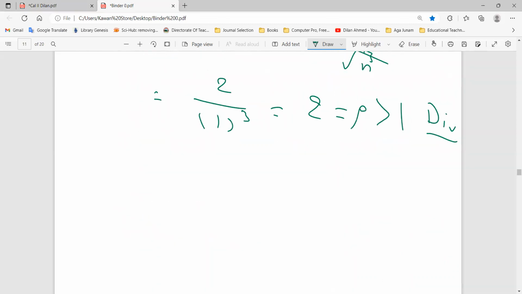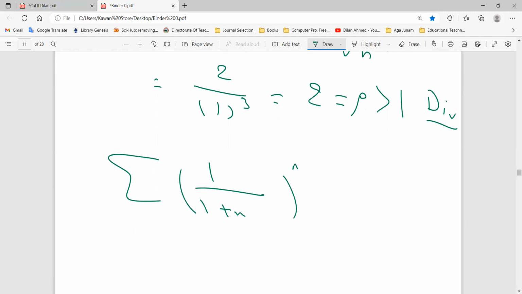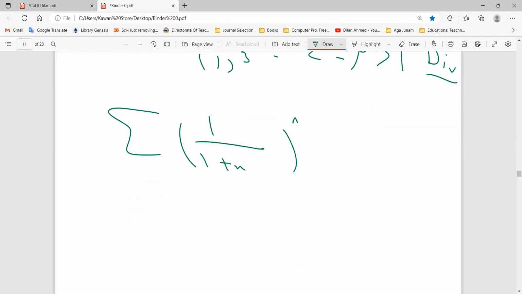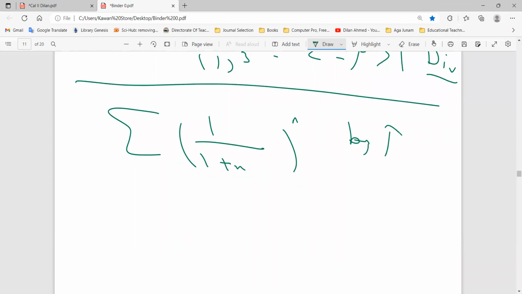1 over 1 plus n, all of them to power n. I told you there, in the root test, we have an nth root. Careful. So by, again, the root test, I'll get what?